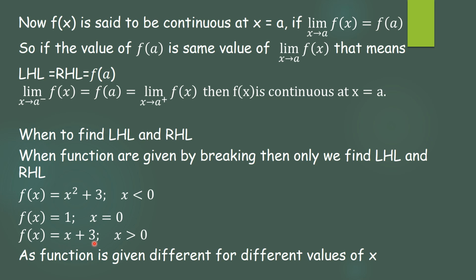It means for greater than 0, we have to select this function. Here, around 0, the function is divided in 3 parts. Less than 0 is different, at 0 is different, and greater than 0 is different. So in such cases, we will find the left and right hand limit. Now first we will try to find the left hand limit.